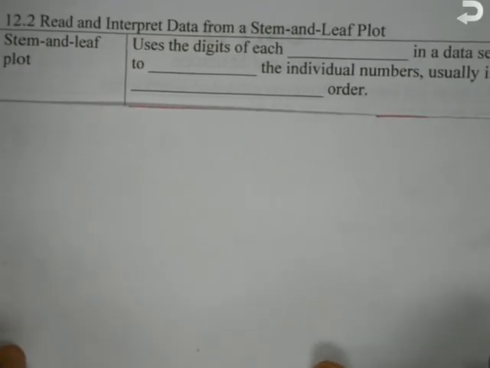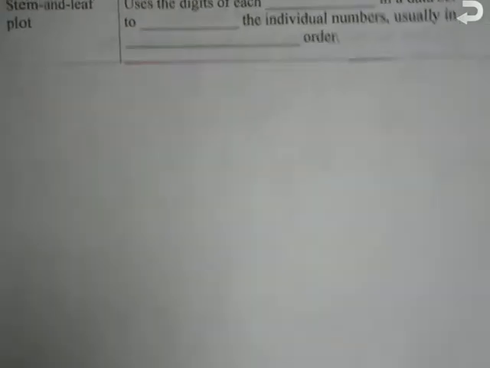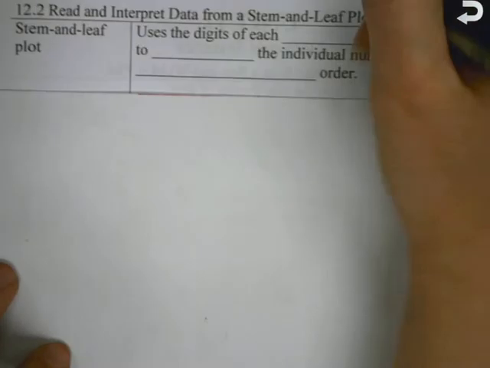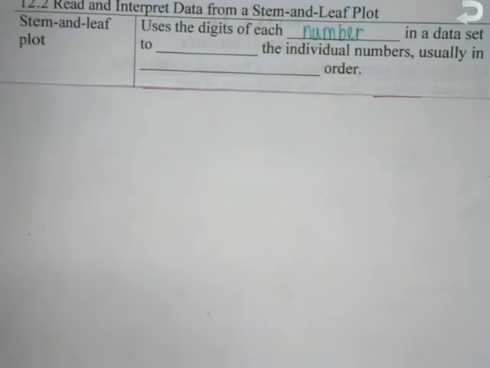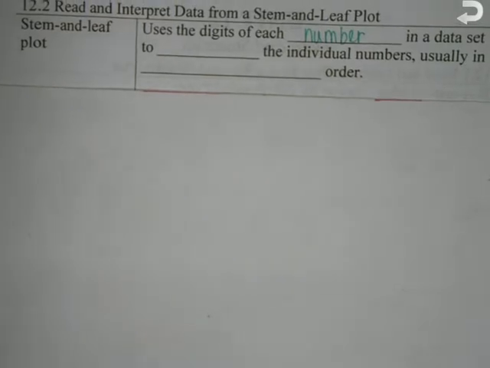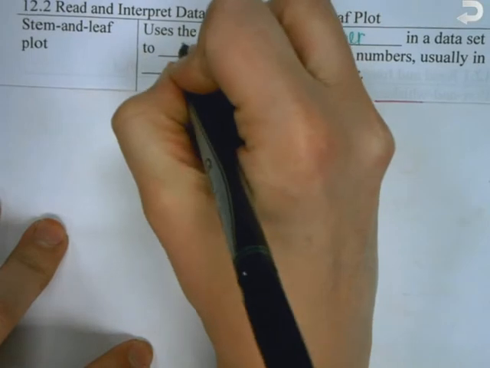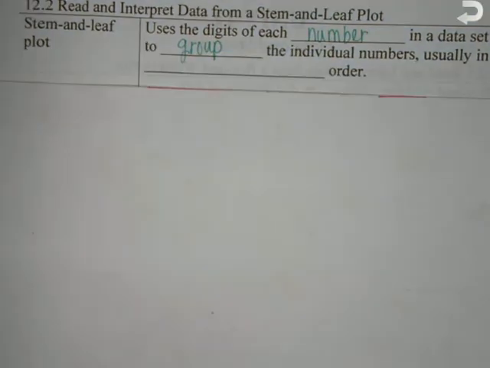A stem and leaf plot uses the digits of each number in a data set. So you're going to have a list of 50 numbers, and a stem and leaf plot is a way of condensing all those numbers. We use the digits of each number to group the individual numbers, usually in increasing order.